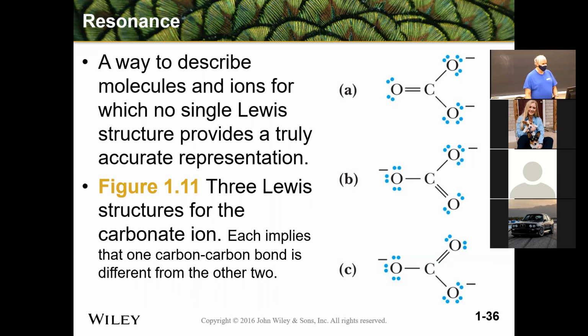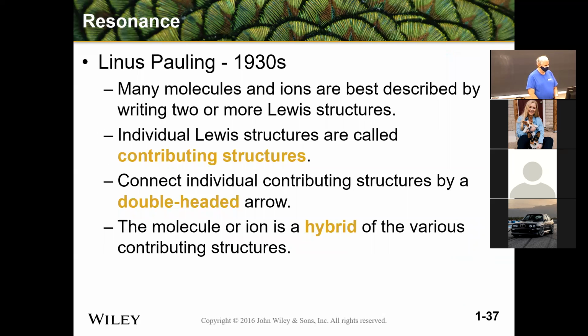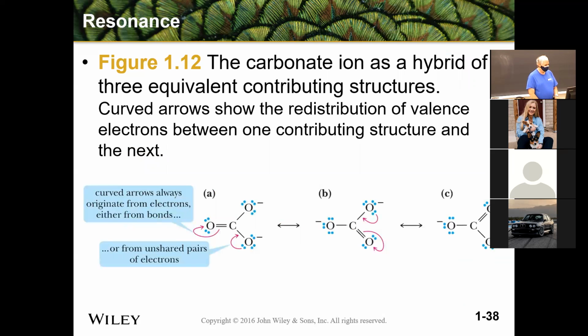In resonance, only the electrons can move. All of the contributing structures have to be valid Lewis structures. Not every molecule or ion will exhibit resonance. Here we have the resonance forms for the carbonate ion.